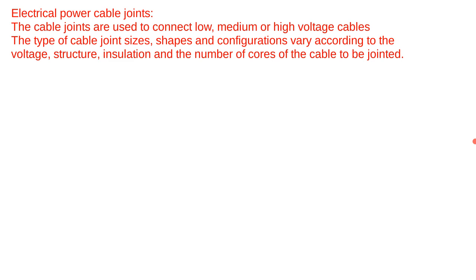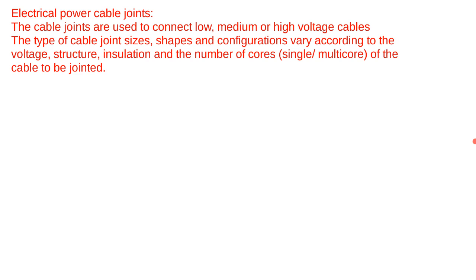You know, we have different types of cables. Cables can be categorized by the number of cores that your cable has. So when you talk about cores, this can be either single core or multi-core cable.